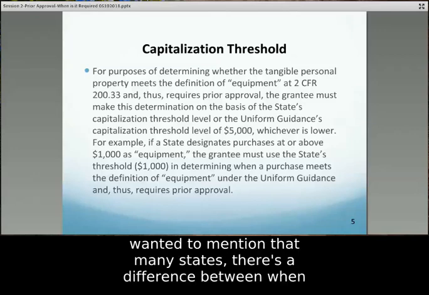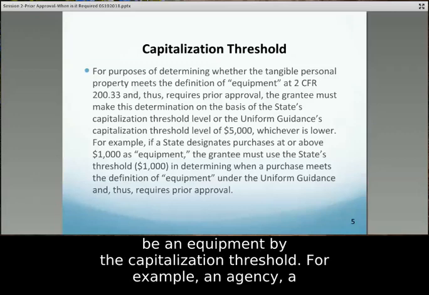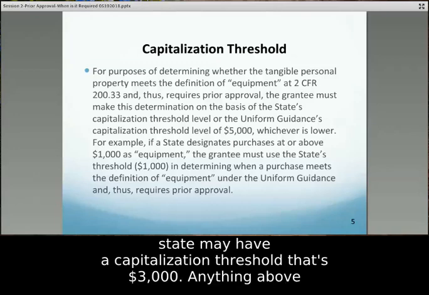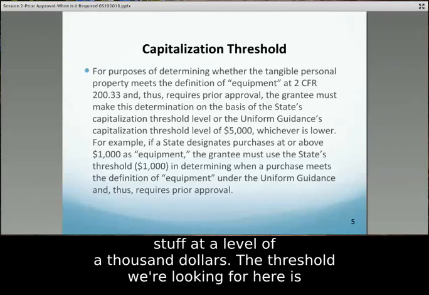I also wanted to mention that for many states, there's a difference between when they consider tagging or tracking equipment and when it's determined to be equipment by the capitalization threshold. For example, a state may have a capitalization threshold of $3,000. Anything above that is considered equipment. But they actually begin tracking laptops and similar items at a level of $1,000.